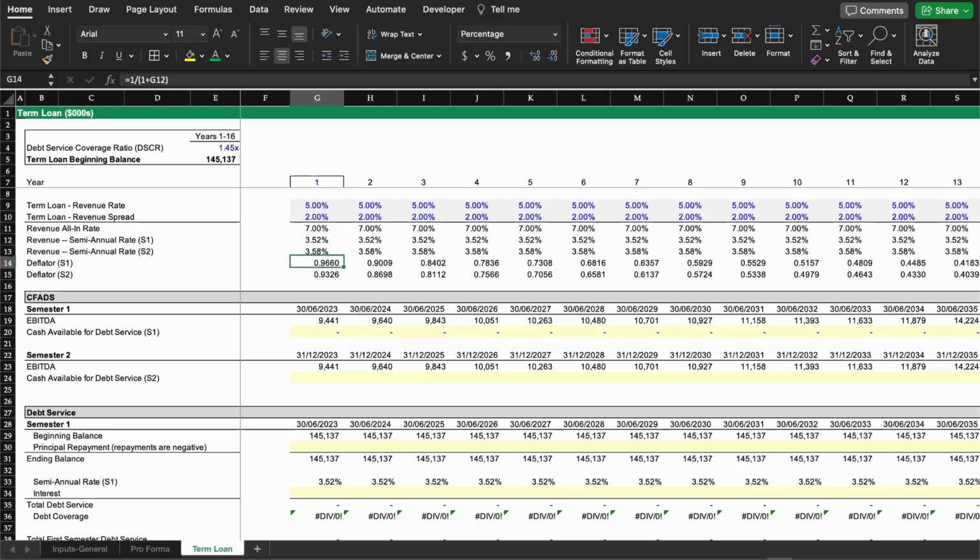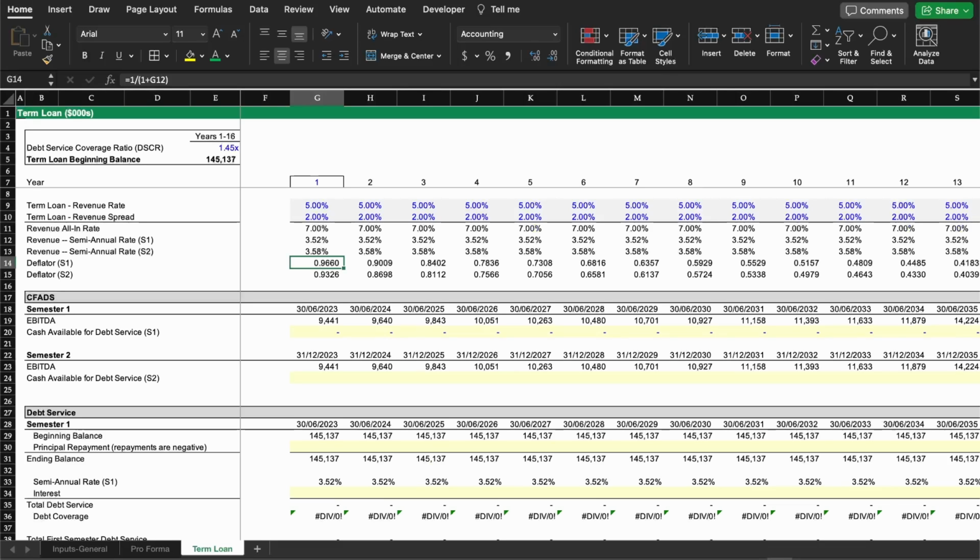I'm fine with this. So we calculate the deflator here for each one of them, okay? As we move along, that's basically what we're calculating here. So what we're saying here is that the 3.52% in the first semester equates to a reduction of 1 minus 0.996, the deflator 0.996.